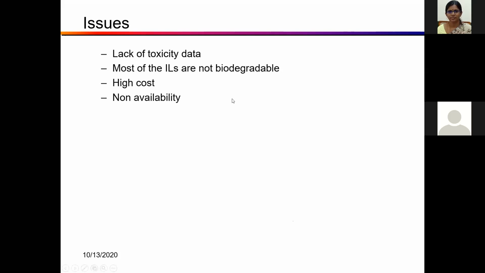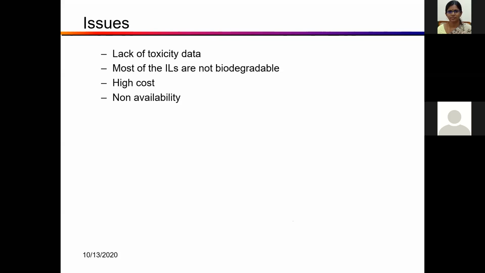We have LD50 studies when you go for pharmacopoeial studies. You administer it to a rat or other animals, and we develop some toxicity studies. That data is not available explicitly for all the ionic liquids. So lack of toxicity data is very important, because that data is required for handling of the material.